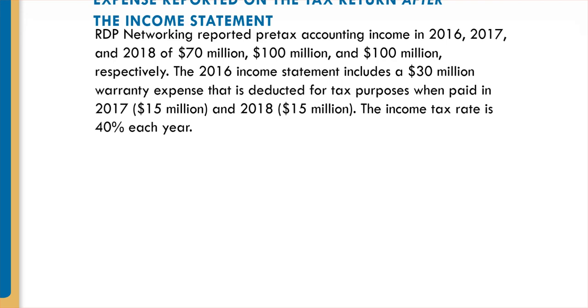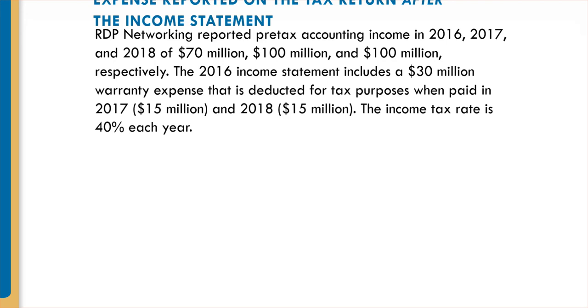They give you, like in our previous problem, how much of the accounting income you're going to have for all those years. And then they're going to say that in 2016, when they gave you the 70 million, there was actually 30 million in there that you have actually had a cash situation with, but it needs to be deducted for tax purposes in the future when it's actually paid.